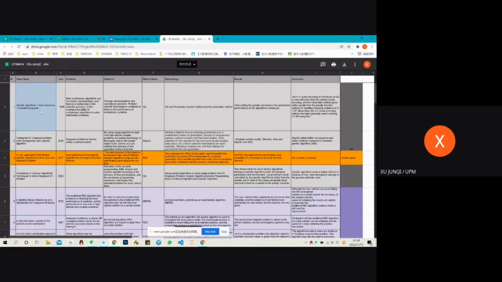The first paper firstly studied the advantages and disadvantages of individual encoding methods for solving 0-1 KP using GA, the penalty function method, and the restoration method for handling infeasible solutions of 0-1 KP, and pointed out that the 0-1 vector encoding of the individual of GA is more effective than the natural number encoding, and the restoration method gives better results than the penalty function method for handling infeasible solutions of 0-1 KP.